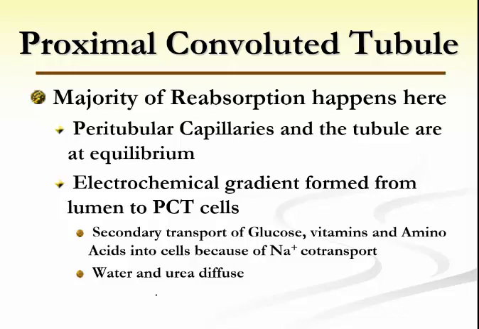So the proximal convoluted tubule, again, does the majority of reabsorption, and the peritubular capillaries and the tubule lumen itself is at equilibrium. We do get an electrochemical gradient formed in the lumen of the proximal convoluted tubule cells.